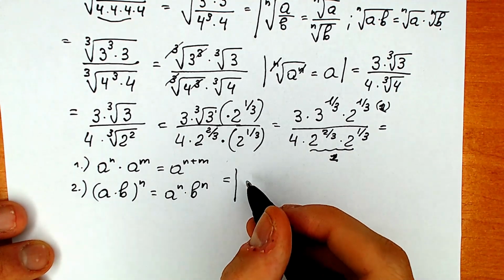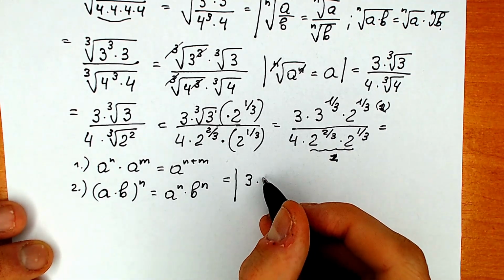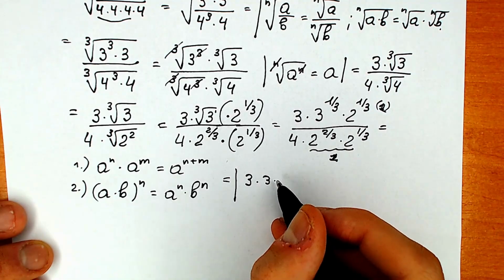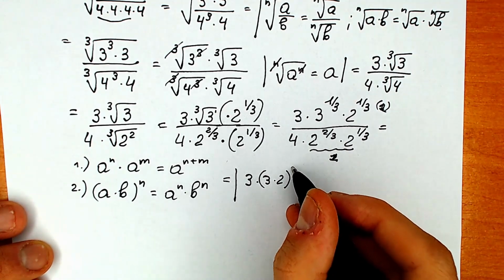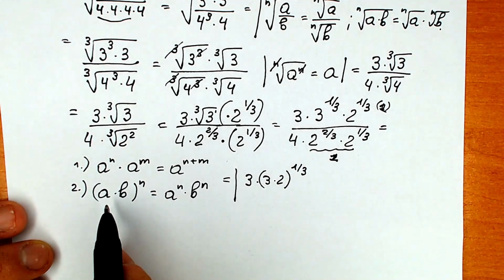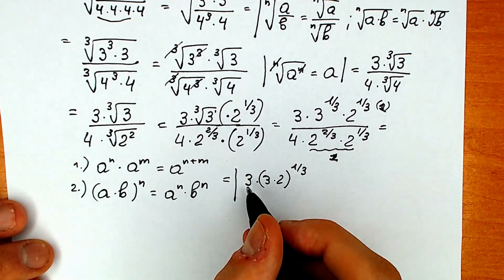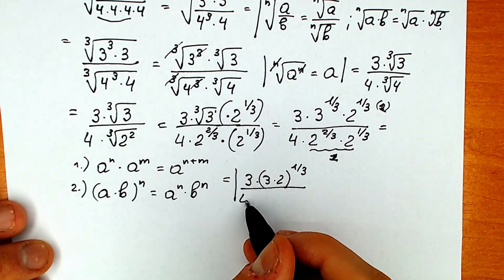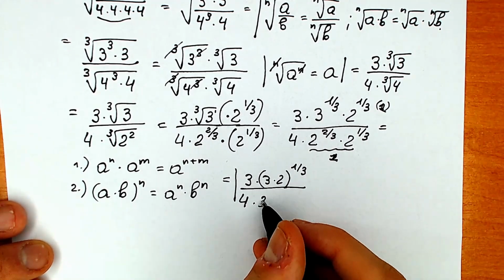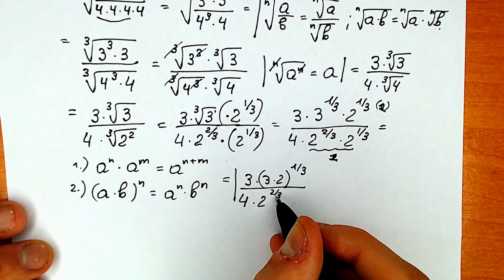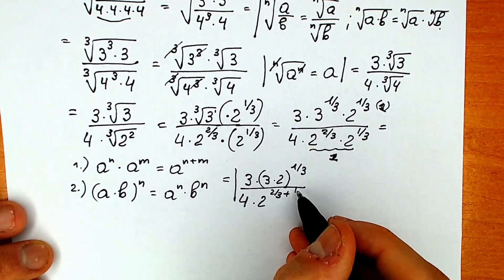So as a result, what do we have? 3 times 3 to the power 1/3 times 2 to the power 1/3, which by the second property becomes 6 to the power 1/3. And in our denominator we have 4 times 2 to the power 2/3 plus 1/3.